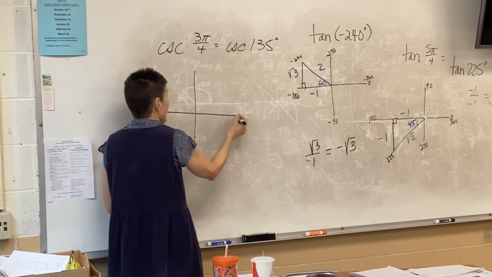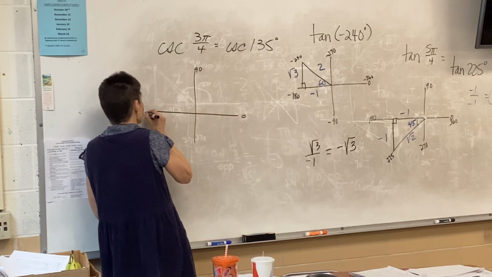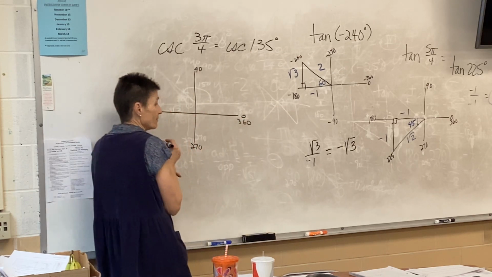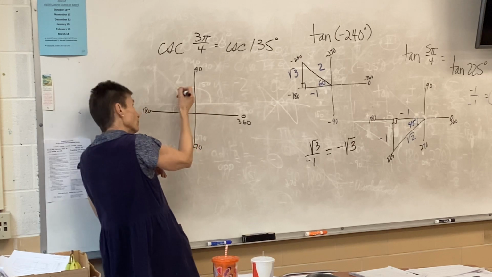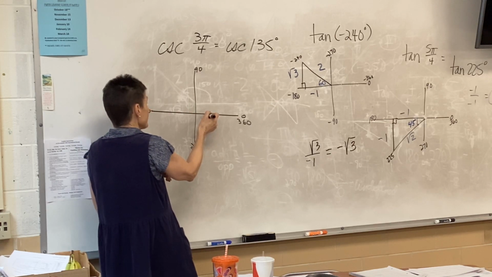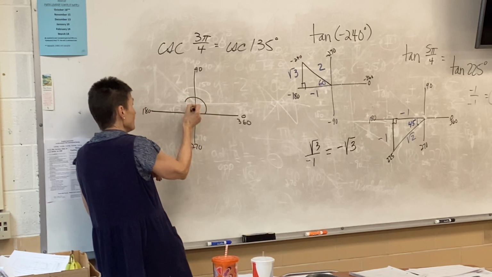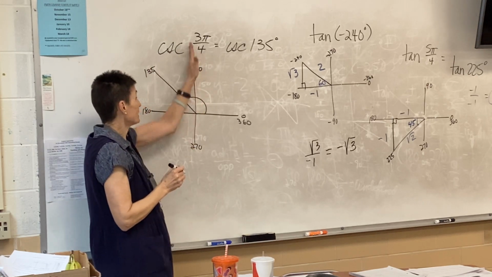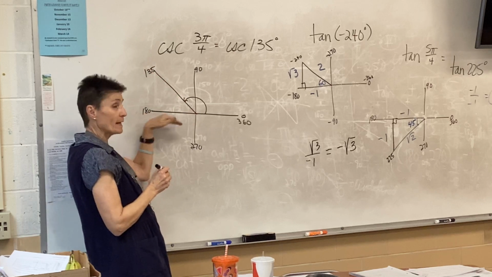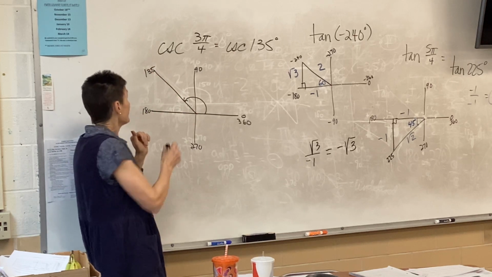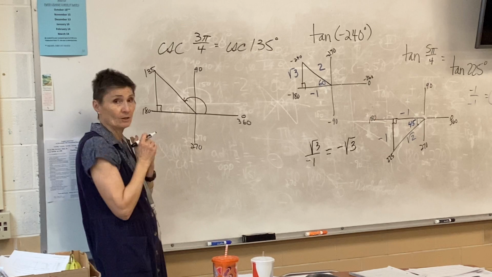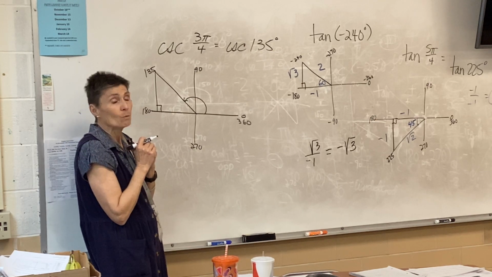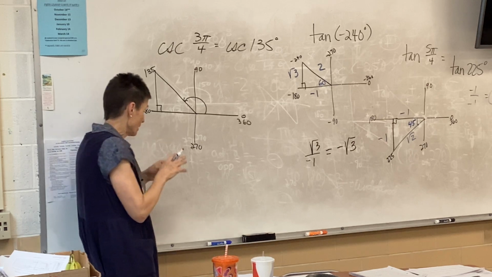Now, here's your setup. And you got to figure out where to put 135. Remember, we start here, just move around, so here we go. Looks like I'm going to put it right here. That's 135. Here's 90, 135, 180. And when I drop that perpendicular, which angle is the important one?